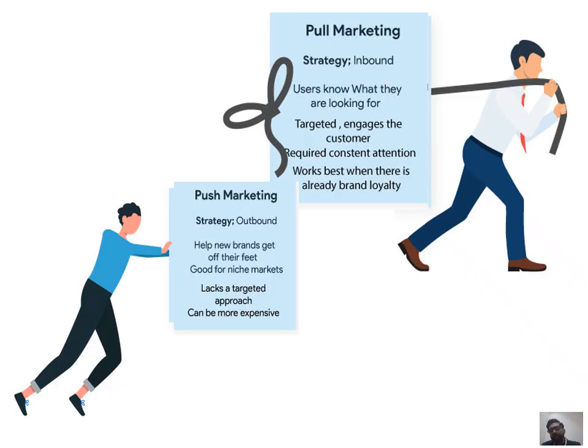So if brand loyalty is already established, then the pull strategy is very effective. When we talk about push marketing, it is an outbound marketing strategy. This helps brands get on their feet, and is good for niche markets. So in case of niche markets, the push strategy is very effective, and it takes a targeted approach and can be more expensive also, because we need to spend a lot of money in promoting our products and services.